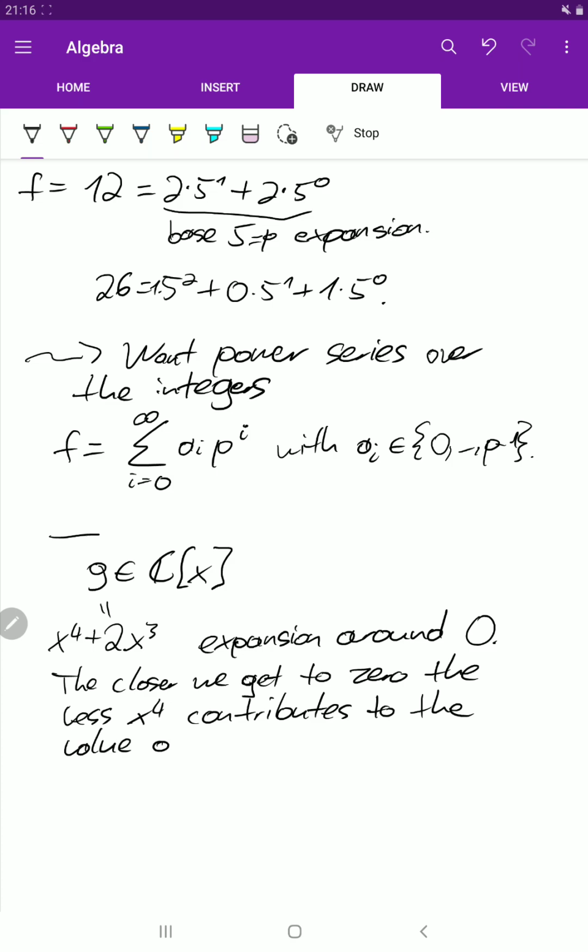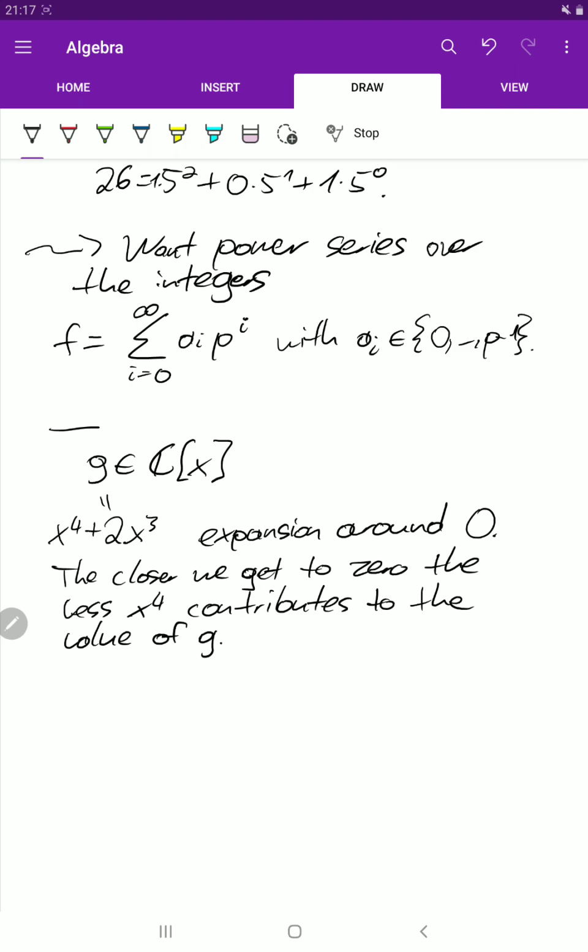So what I'm saying is, the limit of x to the 4 plus 2x cubed over x cubed for x to 0 is 2, and the limit if we divide by x to the 4, then this is infinite.